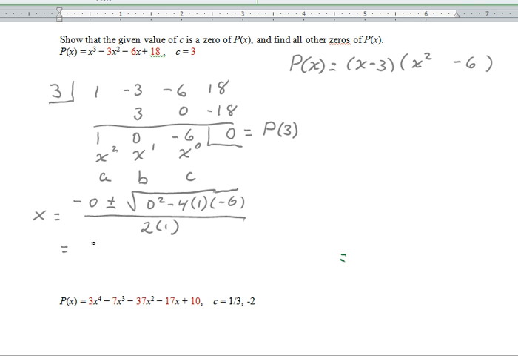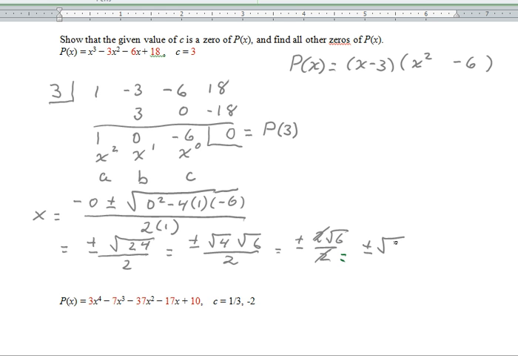And so we're going to have plus or minus the square root of 24. Notice that the two negatives make a positive, all over 2. Now this can be simplified as plus or minus the square root 4 times the square root 6 over 2, or plus or minus 2 square root 6 all over 2. The 2's cancel to give us plus or minus the square root of 6.